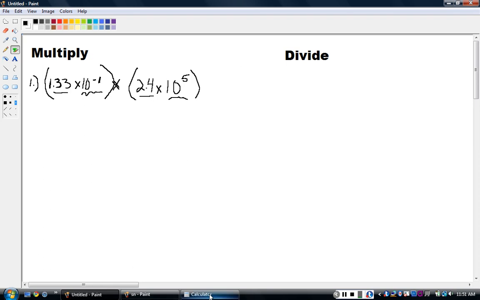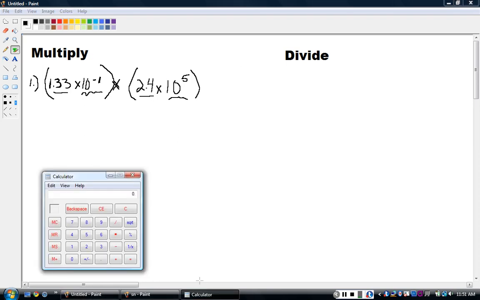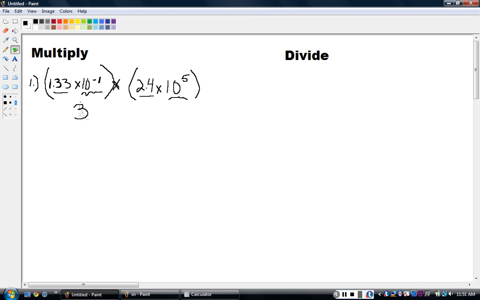So the first thing I got to do is pull up my calculator and multiply 1.33 times 2.4. Okay, and that gives me 3.192, so I'm going to write that down.